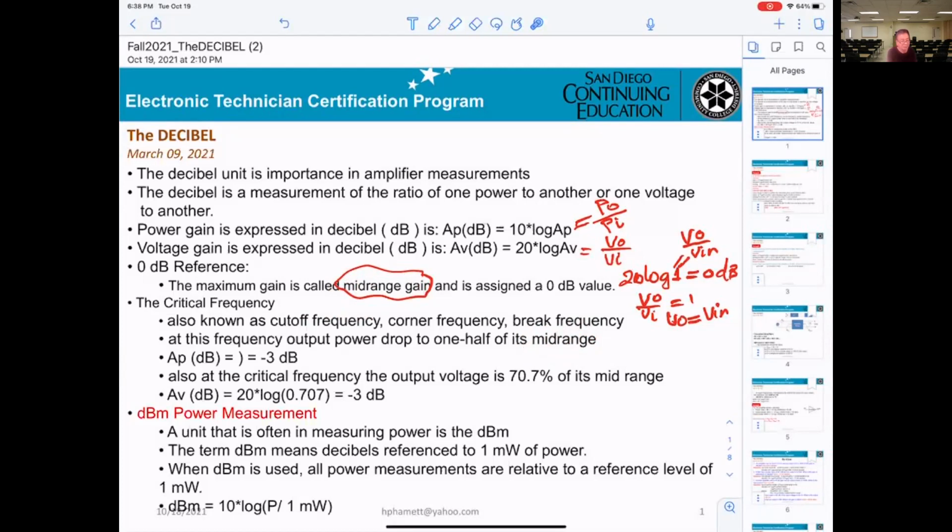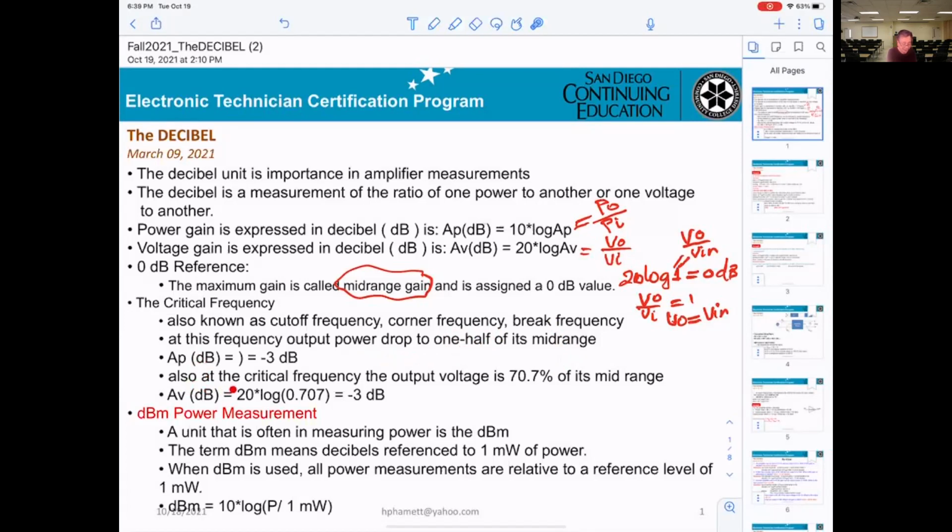That's the value at the mid-range. No loss. However, at the cutoff frequency, the power output will be dropped 1/2. Okay? That means you get 10 watt coming in, you get 5 watt output.